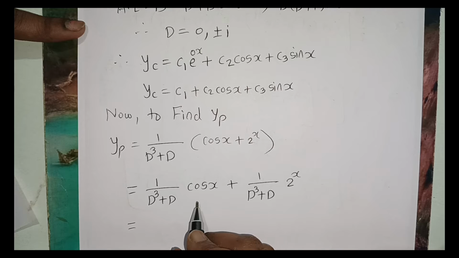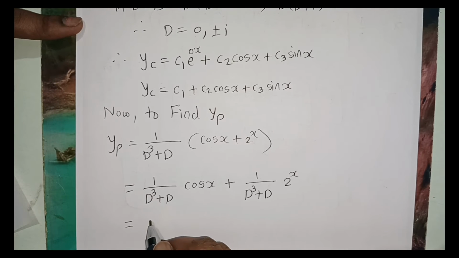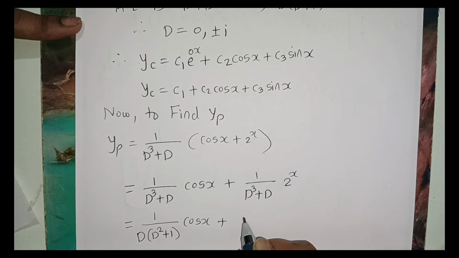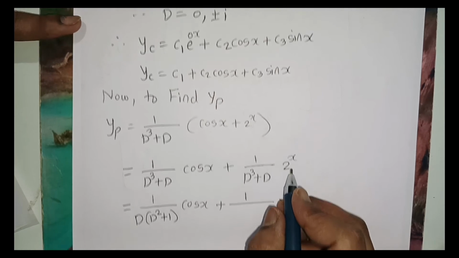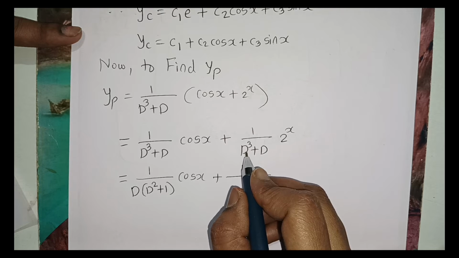Here we have to replace D square by minus 1. So for this you take D in common, D square plus 1, cos of x, plus 1 upon, in the case of a raised to x you have to replace D by log a everywhere.